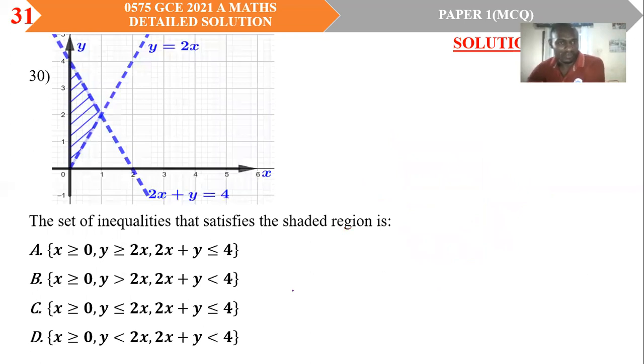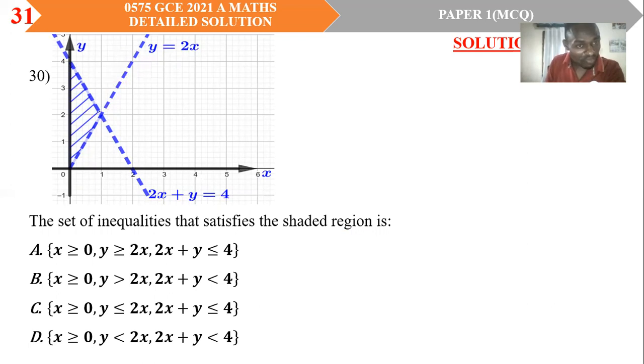Question 30. The set of inequalities that satisfy the shaded region. Looking at this, you see this line is the line y equals 2x. The part of this line that coincides with the shaded portion is the above part.